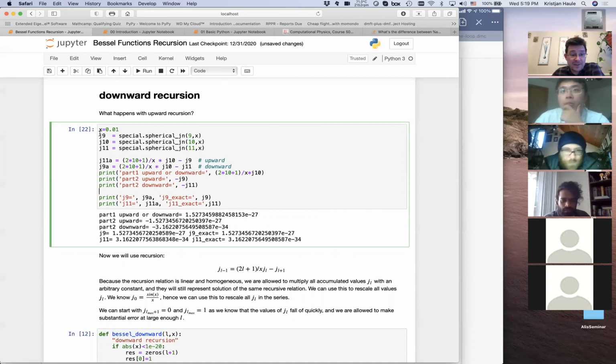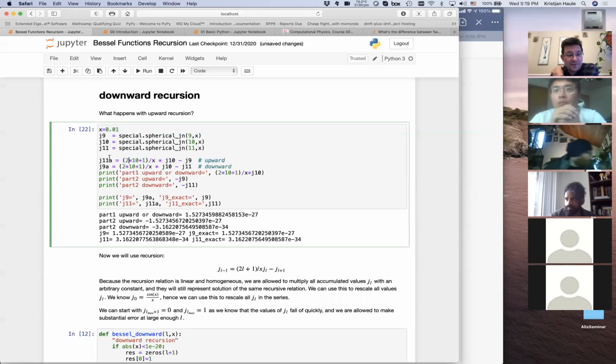Let's say that we have the exact values of the Bessel function of order 9, order 10, and order 11, when X is small. The question is, can we do even one step of this recursion precisely? So let us try the upward recursion, just one step.